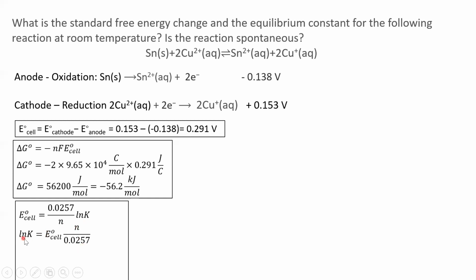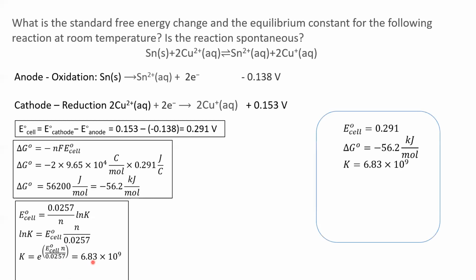Now, we don't want the ln of K, we just want K. And if you look on your calculator and you find the ln button, the second function of that is the e to the x button. So K equals e to the E times N divided by 0.0257. So K equals 6.83 times 10 to the 9.